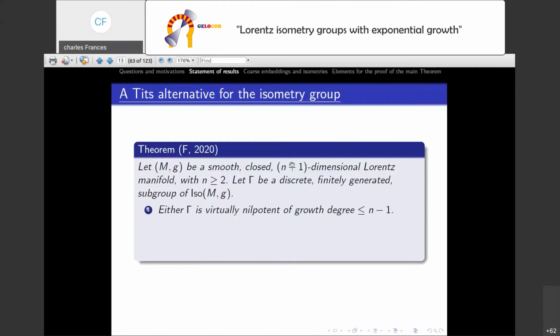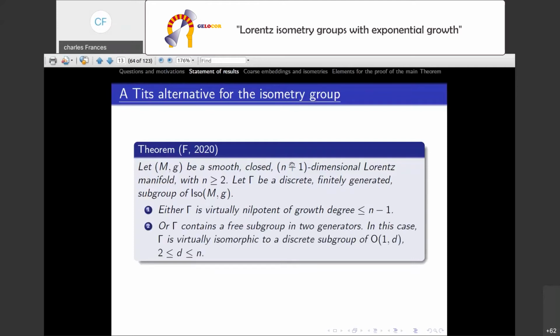So we saw that nilpotent groups have polynomial growth, and the growth degree is just the optimal exponent you can put in the inequality. Or your discrete group contains a free subgroup on two generators, and in this case it must be virtually isomorphic to a discrete subgroup of O(1,d) by the main theorem.